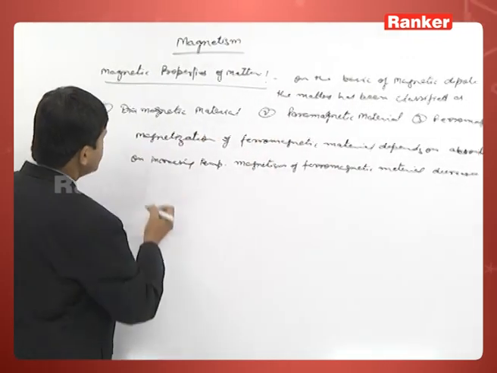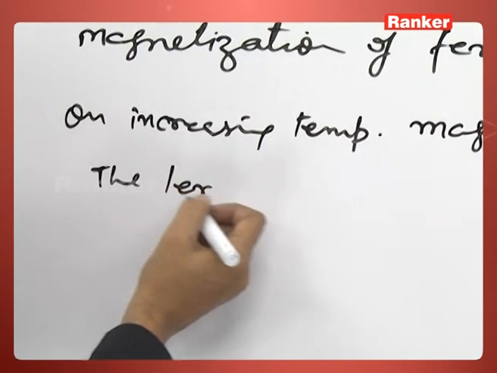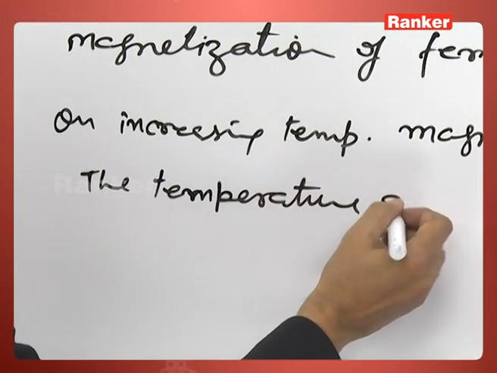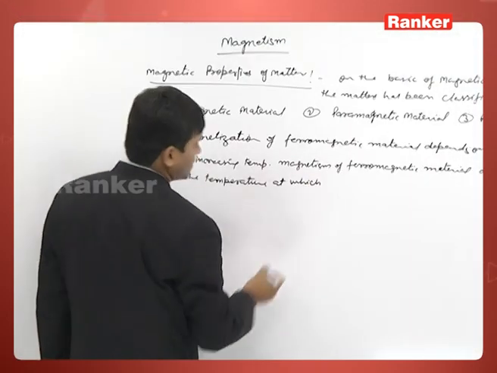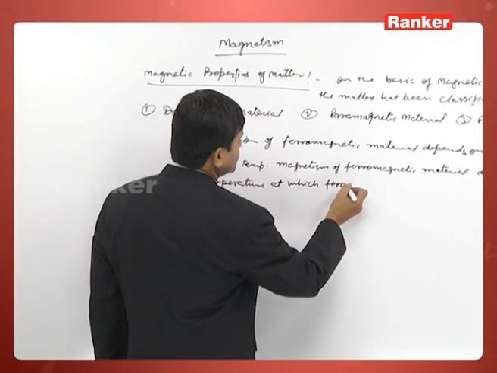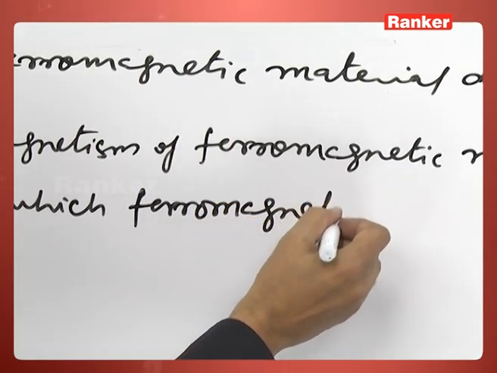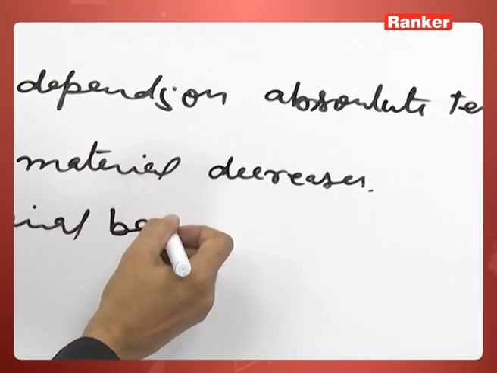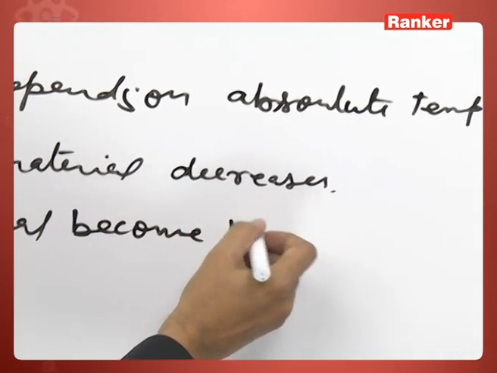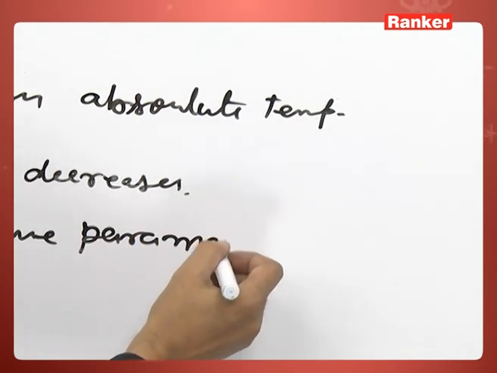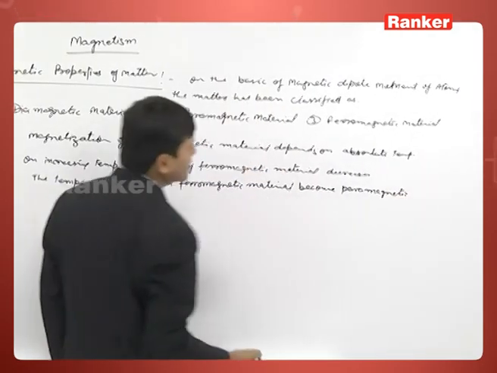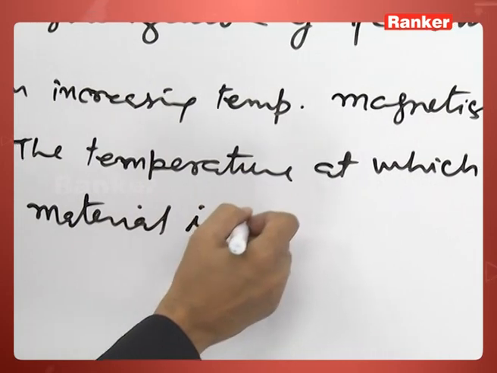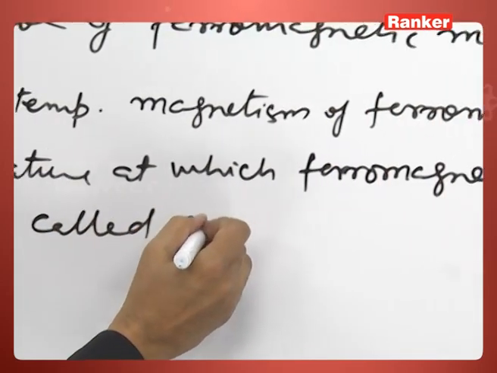The temperature at which a ferromagnetic material becomes a paramagnetic material is called the Curie temperature.